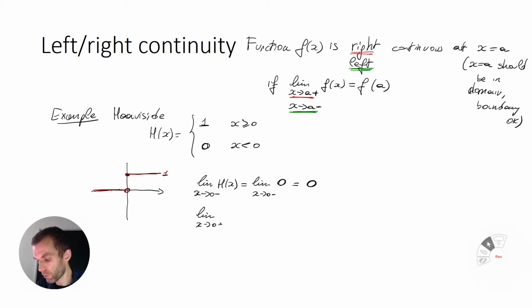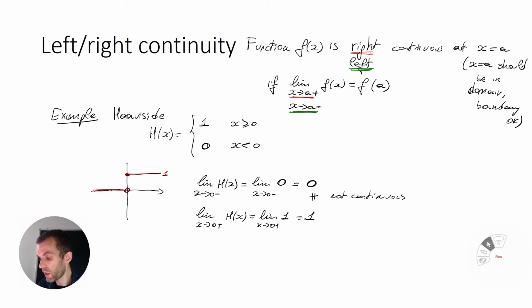And if we go to 0 from the positive side, the right limit, we get that this is 1. And in particular, we see that these two values are not equal, so it's not continuous for sure.